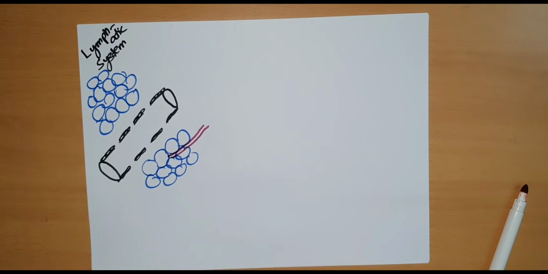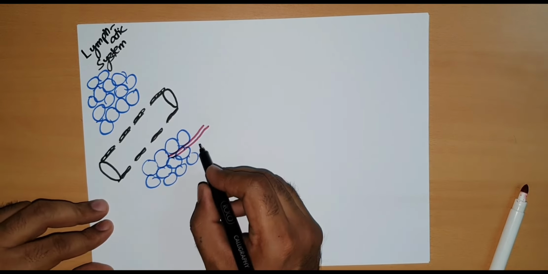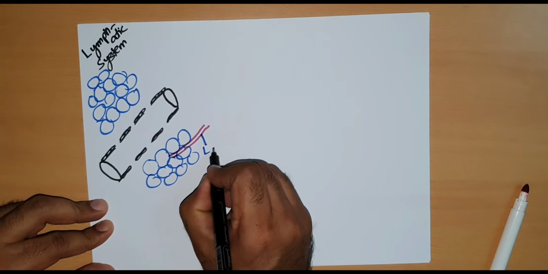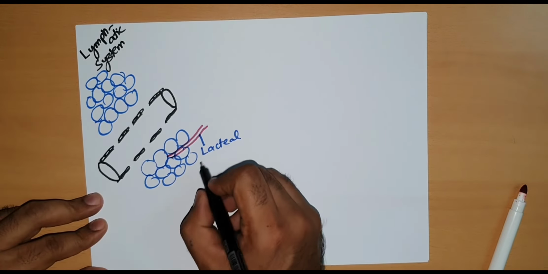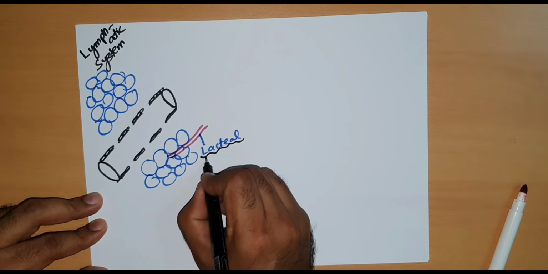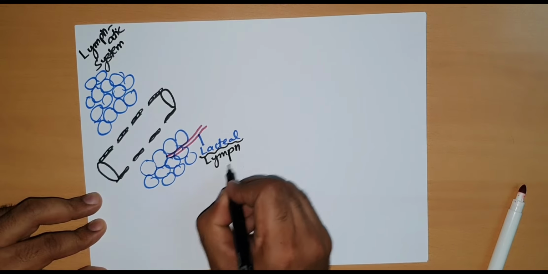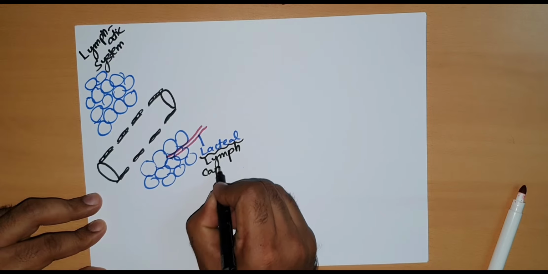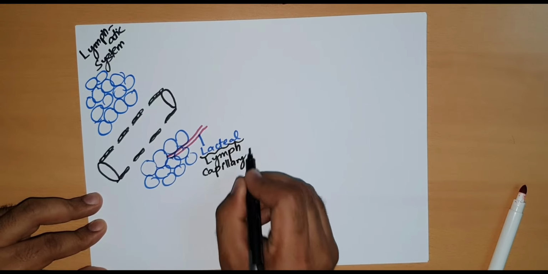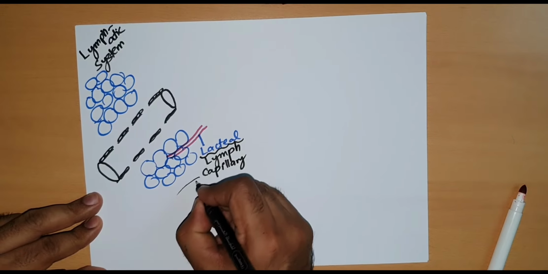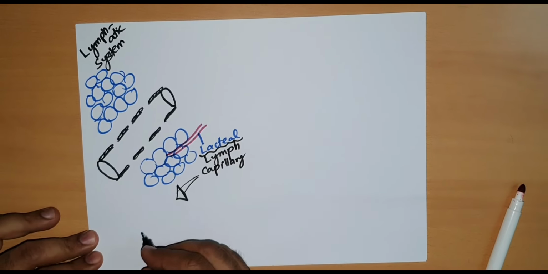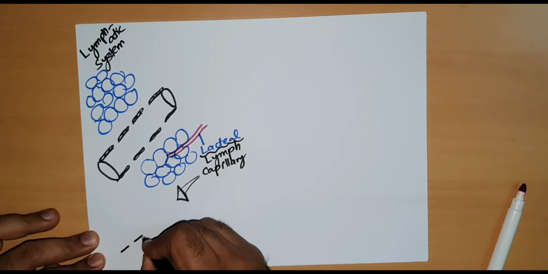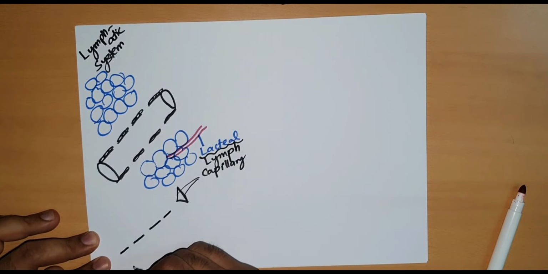This is another vessel which is just like a blood capillary, but it is called a lacteal. In simpler words, this lacteal is a lymph capillary. The structure of this lymph capillary is also exactly like a normal blood capillary. If I draw a lymph capillary, it will also be like this.